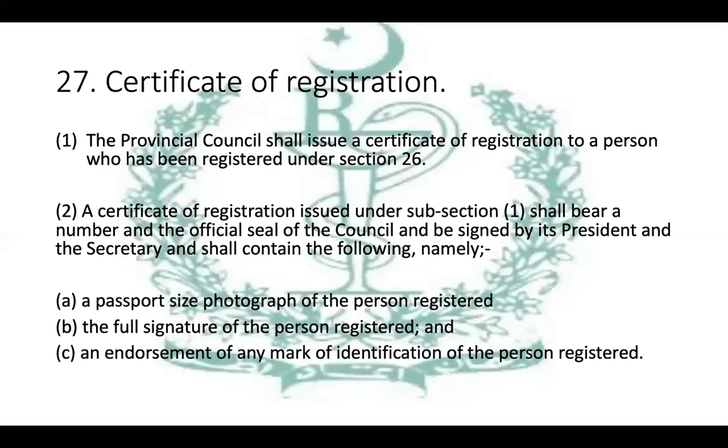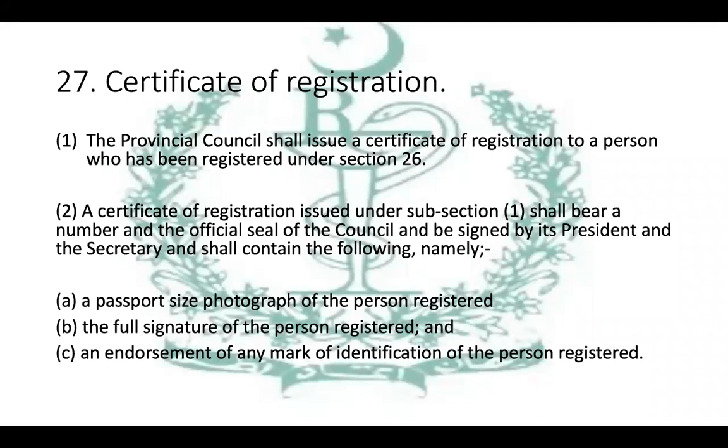Now 27 says certificate of registration. The provincial council shall issue a certificate of registration to a person who has been registered under section 26. So after you qualify for registration, they issue you a registration certificate. You may have seen this when you passed Form D and registered: they issue a registration certificate with your photo affixed there.